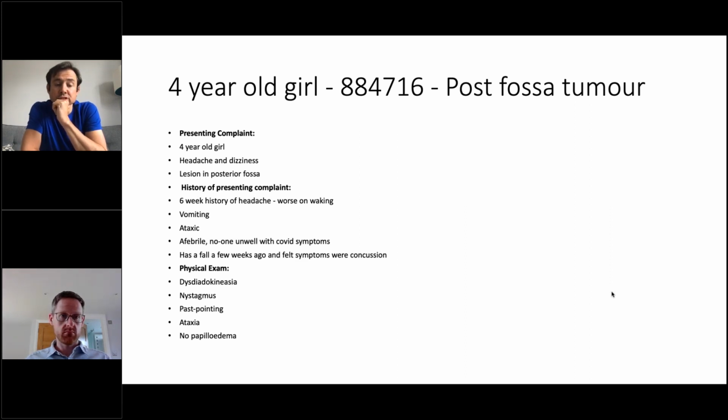That points towards possible hydrocephalus, because when the child lies flat, it reduces the venous drainage, so you get a raised intracranial pressure. So they tend to complain of headache on waking with hydrocephalus, vomiting, ataxia, afebrile, and she had all these posterior fossa signs as well: dysdiadochokinesia, nystagmus, past-pointing ataxia, but interestingly, no papilledema.